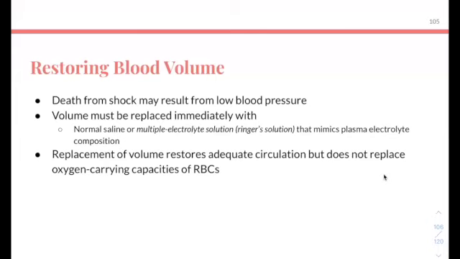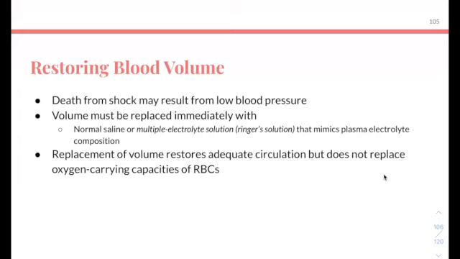So they can use saline or a multiple electrolyte solution, which is called Ringer's solution. And it helps to minimize the plasma electrolytes. That helps to restore blood pressure by having enough volume in your blood vessels.